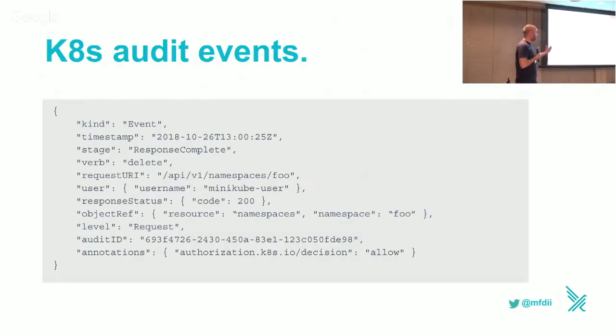Now, you kind of have the object reference in your request URI, but this allows you to break it down and get the actual keys out of it much easier. So what was somebody trying to delete here? They were trying to delete a namespace named foo. Right? And then you get an audit ID, which is a unique GUID for every single record so that you can uniquely identify every single action inside of your cluster.